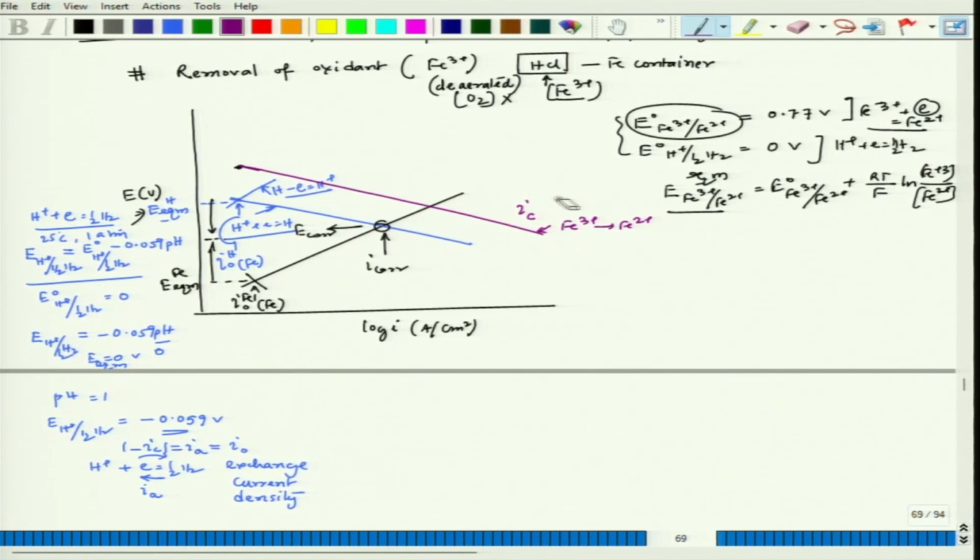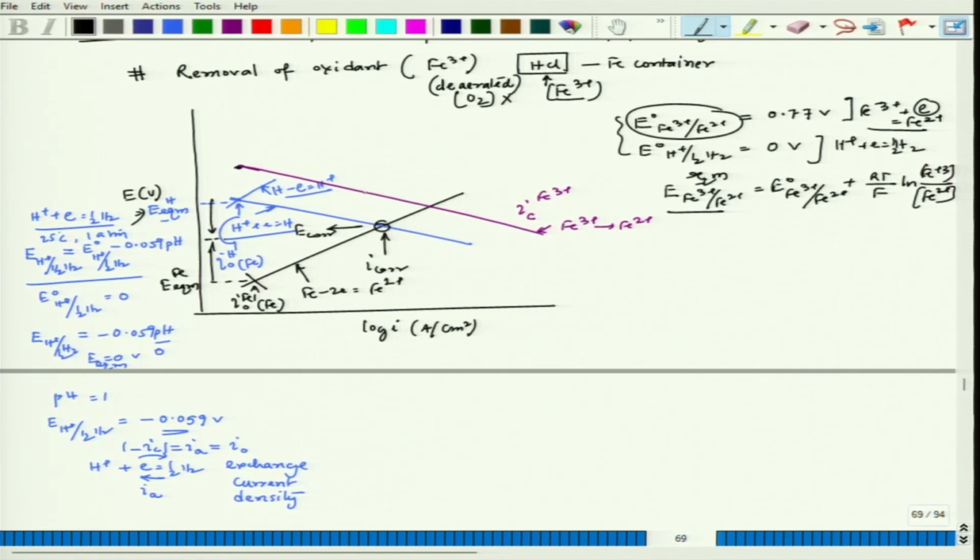So, let me just put it as i_c for Fe3 plus. Okay, the cathodic current density corresponding to polarization of Fe3 plus going to Fe2 plus. As per mixed potential theory, before it crosses this anodic line for the iron dissolution, and here iron dissolution is taking place. This is the anodic part: Fe minus 2e equal to Fe2 plus.